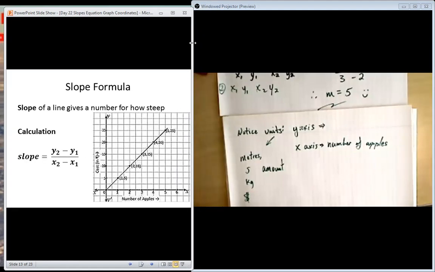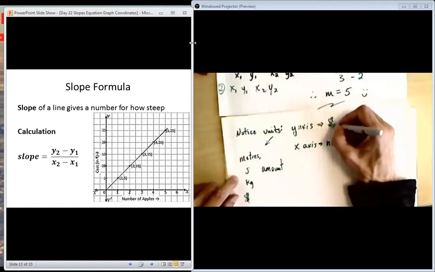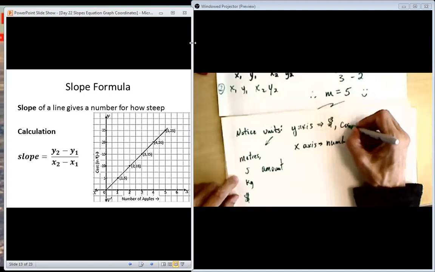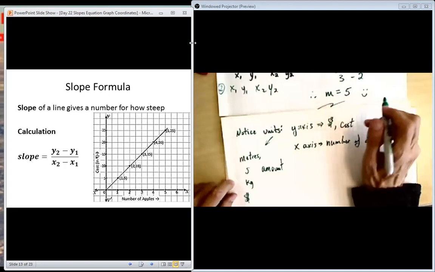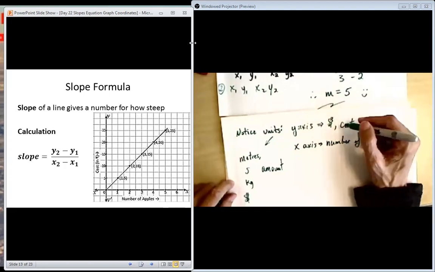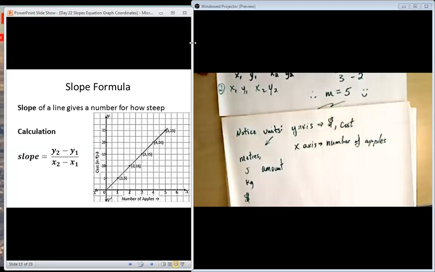If you're looking at cost, what are the units for that? Cost is Y for sure, but it's going to be in the units of dollars or thousands of dollars or something like that, okay?